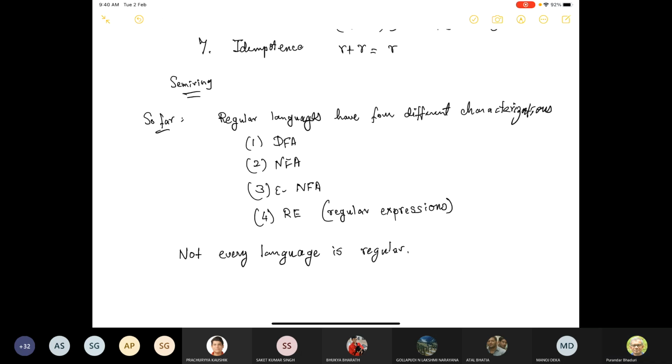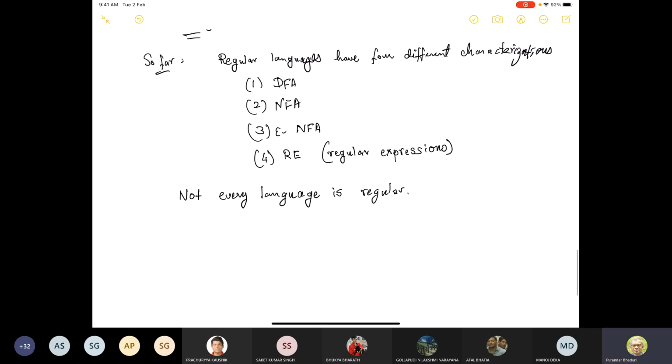Whereas the set of regular languages is countable because you can enumerate all the regular expressions. So that's not a problem, right? Over a finite alphabet. So not every language is regular.